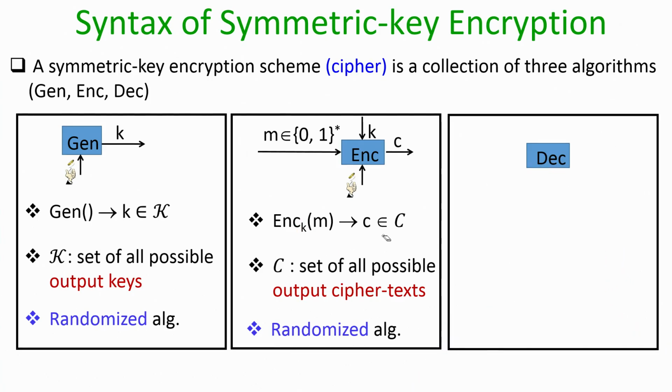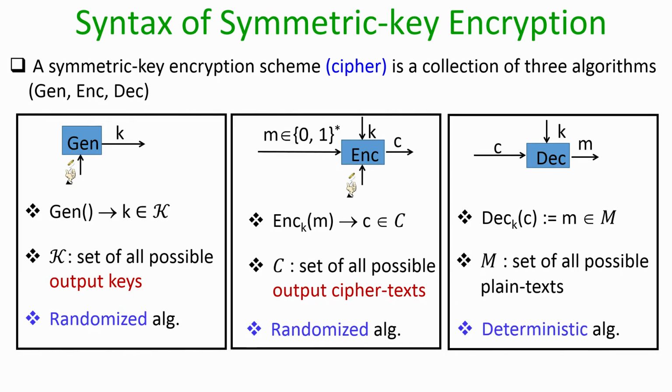Now, the decryption algorithm takes the ciphertext C as the external input and the key k which has been generated by the key generation algorithm, and in return it produces the plaintext m. The syntax that I follow to denote the decryption algorithm is the following.